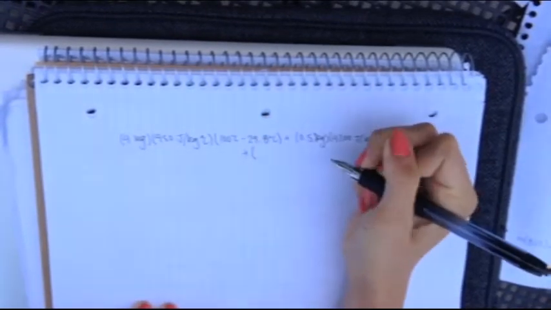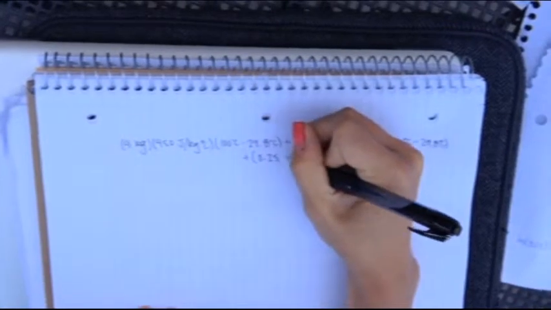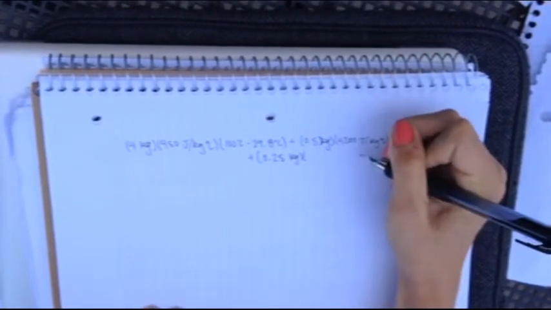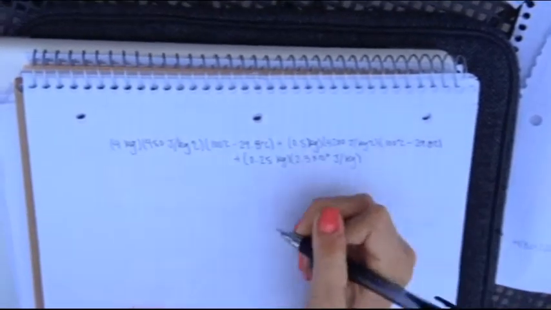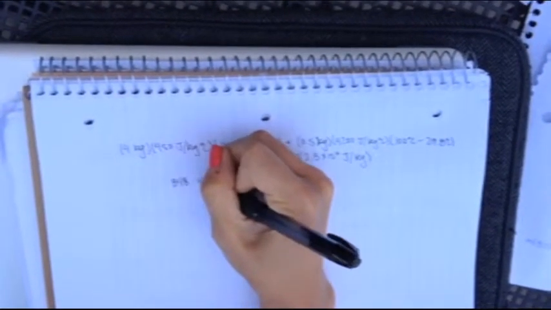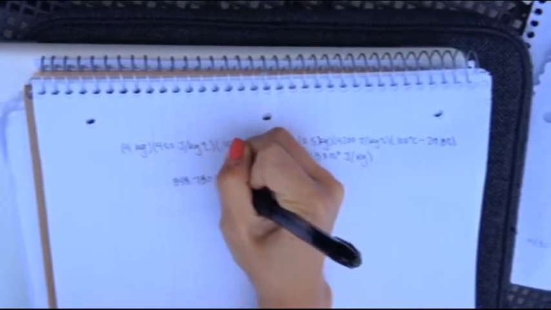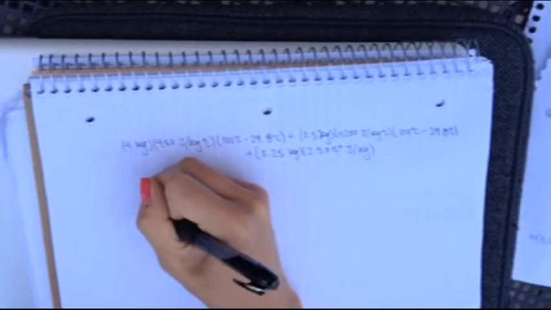And then the amount of water that evaporates is only half, so we have 0.25 kilograms times the heat of vaporization of water, and there is no temperature change in that. And when we solve for that, we get 8,000, this number.